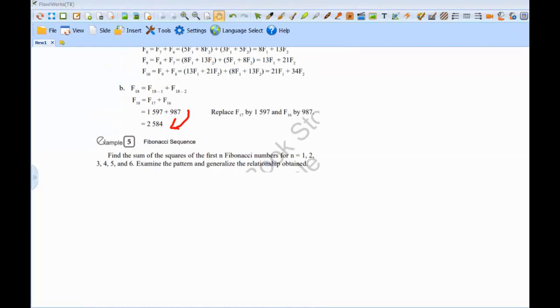So what are those sums of the squares? 1 squared equals 1. Find the sum of the squares of the first Fibonacci numbers for n equals 1, 2, 3, and 4.